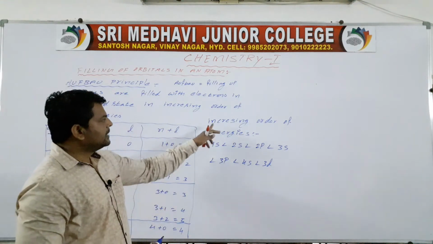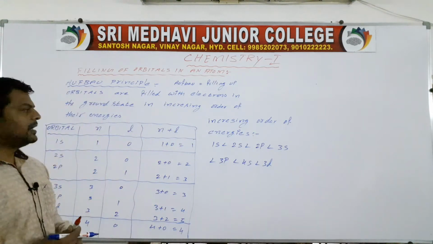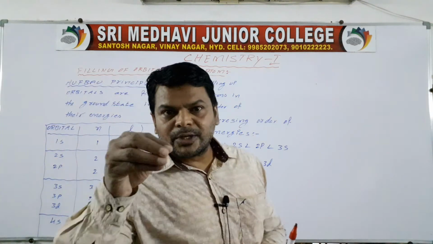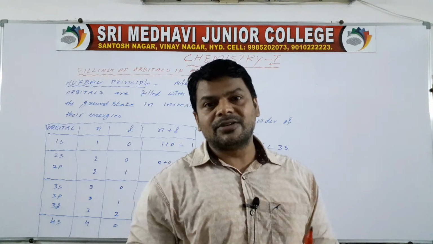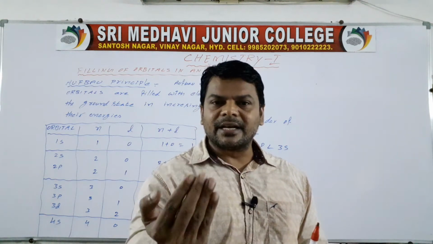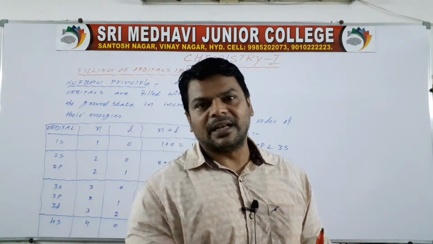Like this, increasing order of energies. What I meant to say is, according to Aufbau, electrons enter into orbitals in the ground state based on their n plus l values. If the n plus l value is the same, then electrons enter into the lower energy level first and the higher energy level next.